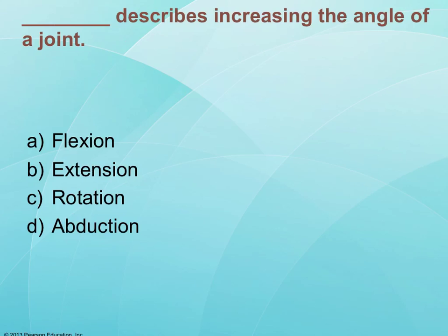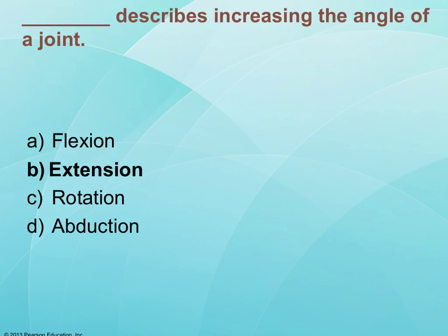Which of the following describes increasing the angle of a joint? The answer is B, extension. Extension is to increase the angle of a joint.